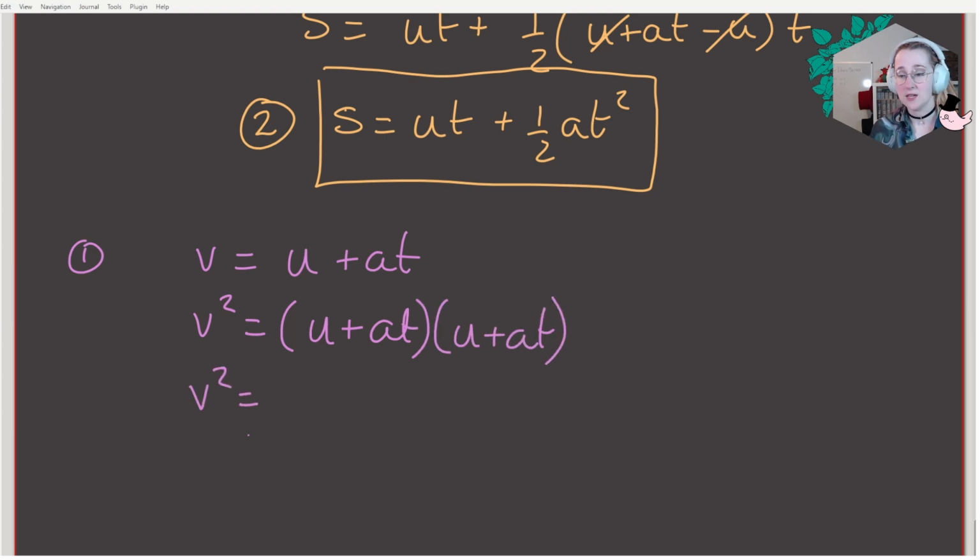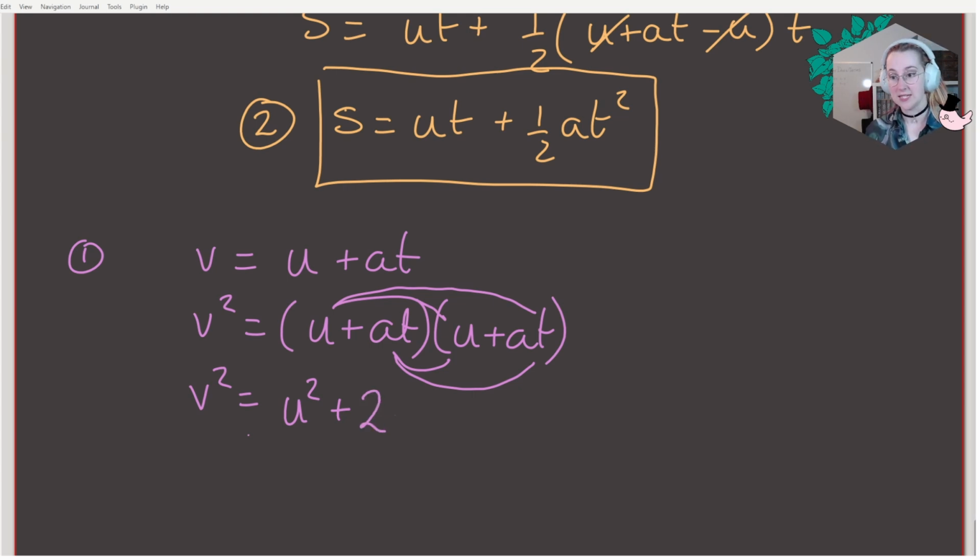Multiplying each of these things together, first, outside, inside, last, doing the first one you get u squared, plus u times at twice, so 2uat, plus a squared t squared. The v squared and the u squared look alright, so let's leave them alone.